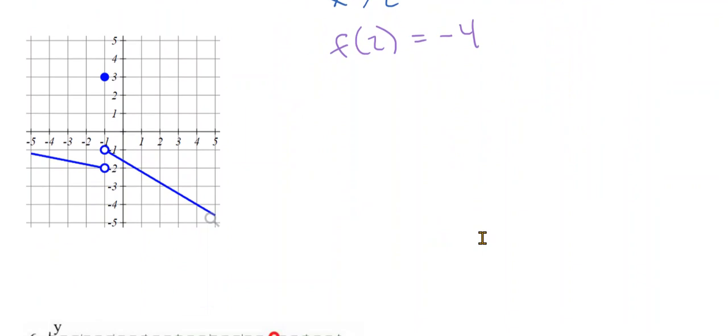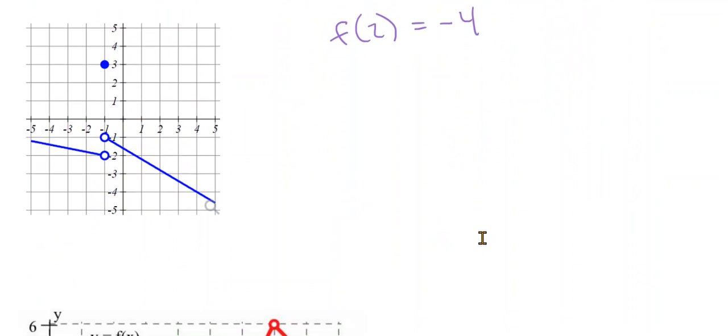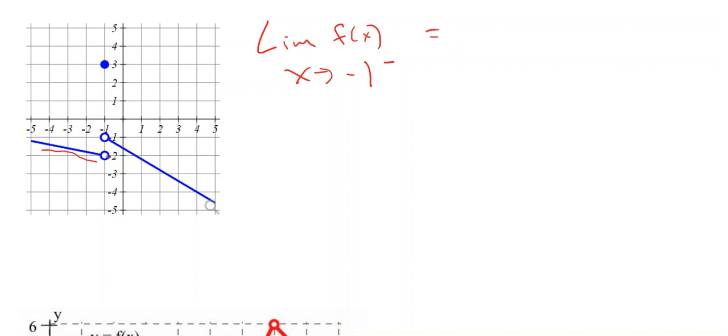Okay, here's another example. So now, if we find the limit of this function as x approaches, let's use -1, and as we approach it from the left, we are approaching this function value, which is -2.